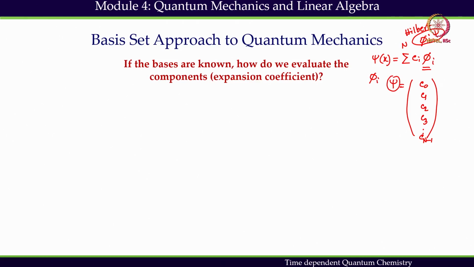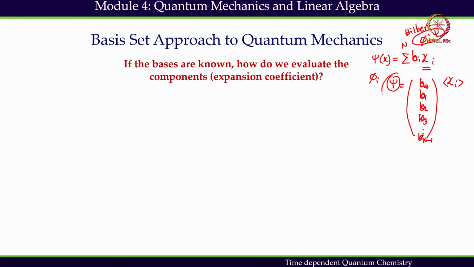Now, when we represent it, implicitly we assume that it is with respect to the phi I basis. If I change the basis to something else, let us say chi, then these coefficients will also change. So, this is going to be, let us say, B I, and then all these coefficients will also change.